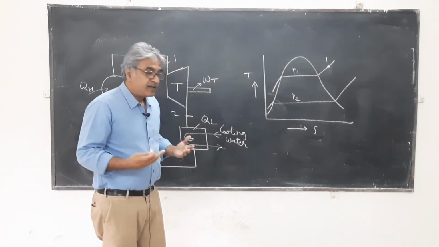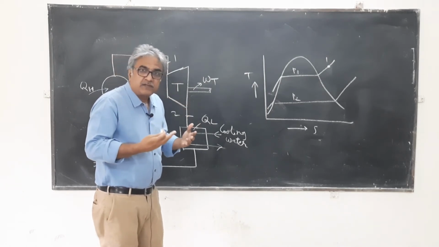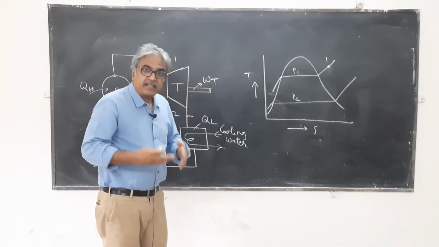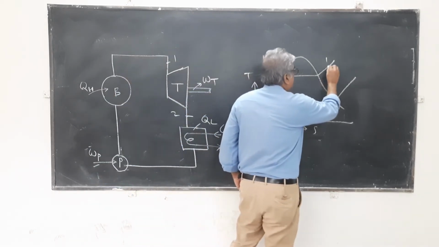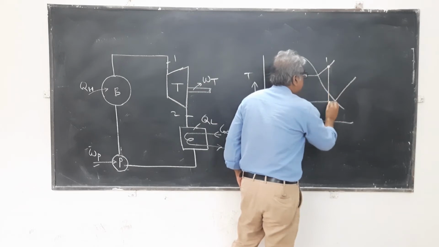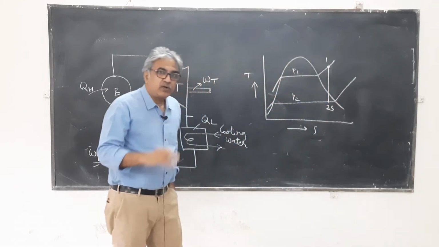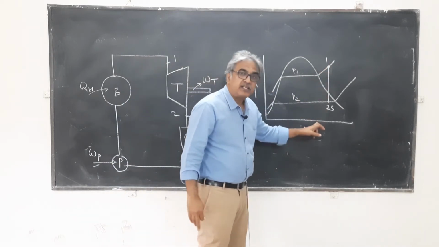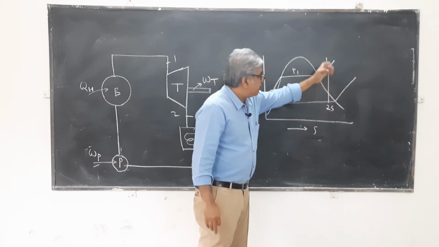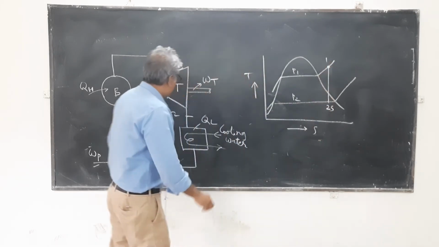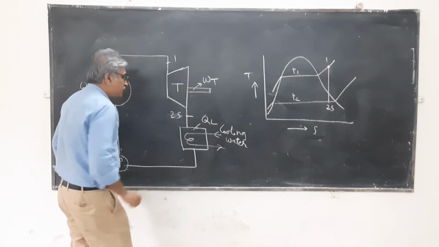The vapor flows in the turbine, expands, and all that is a constant entropy process. This is point 2, and I will call this 2S, just to denote that S is entropy. You can see that the steam has become wet when you draw a vertical line.